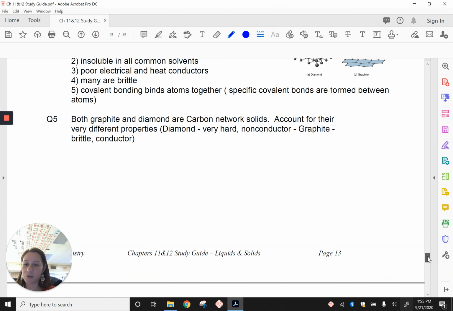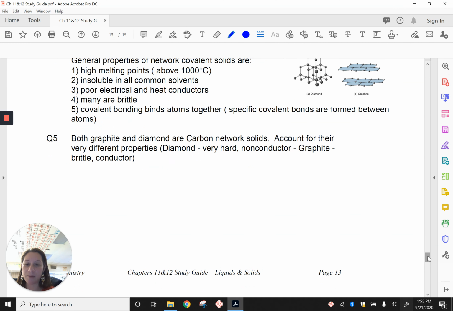So let's answer this question here. It says both graphite and diamond are carbon network solids, account for their very different properties. Oh, we just talked about that, right? With graphite, you have these layers, and so that's why graphite is very brittle, and the electrons can actually jump from one layer to another, and that's why it can conduct electricity, versus the diamonds.